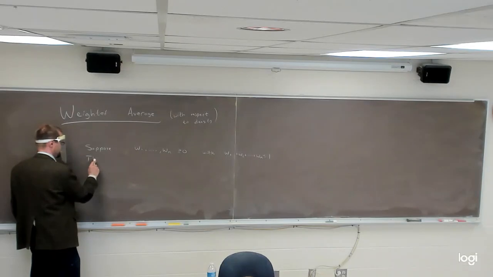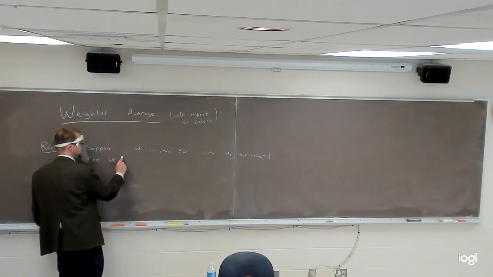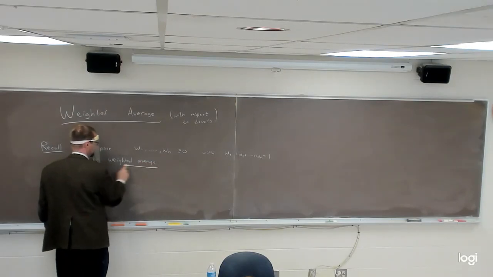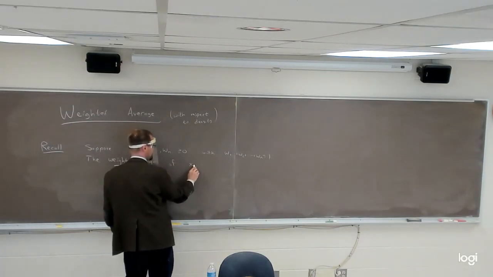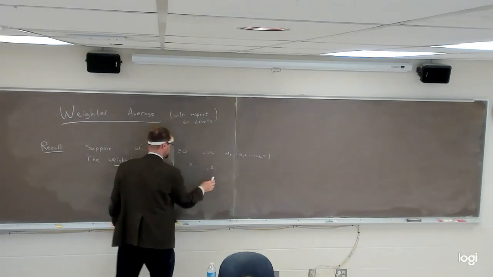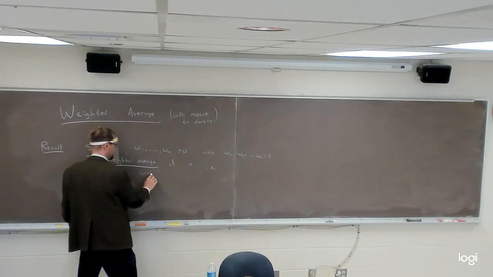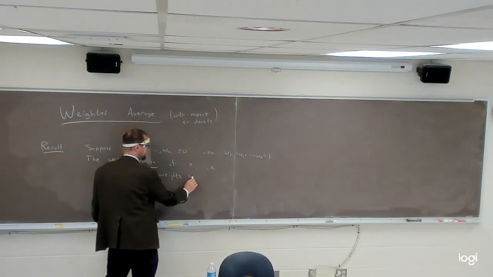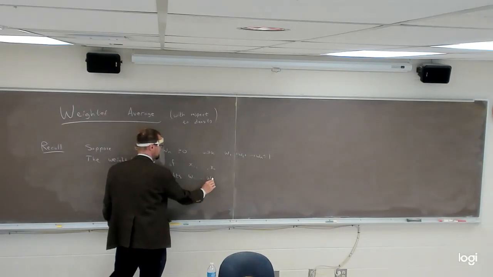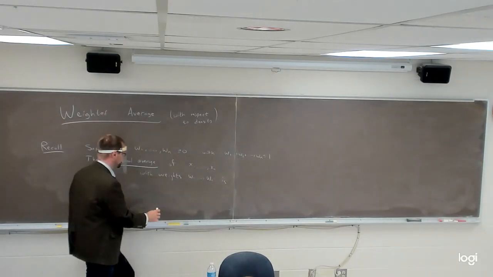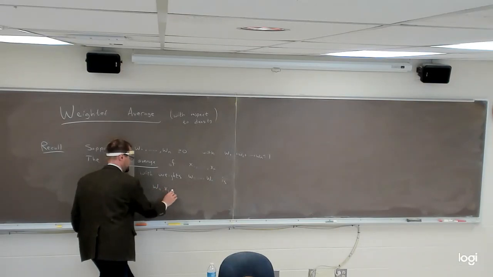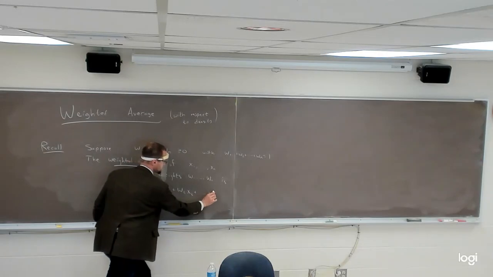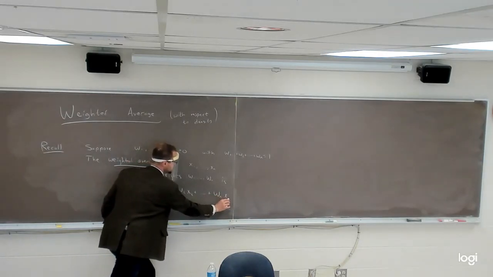The weighted average of a different set of numbers, let's say x1 through xn, with weights w1 through wn, is just the sum of w1 x1 plus w2 x2 up through wn xn.